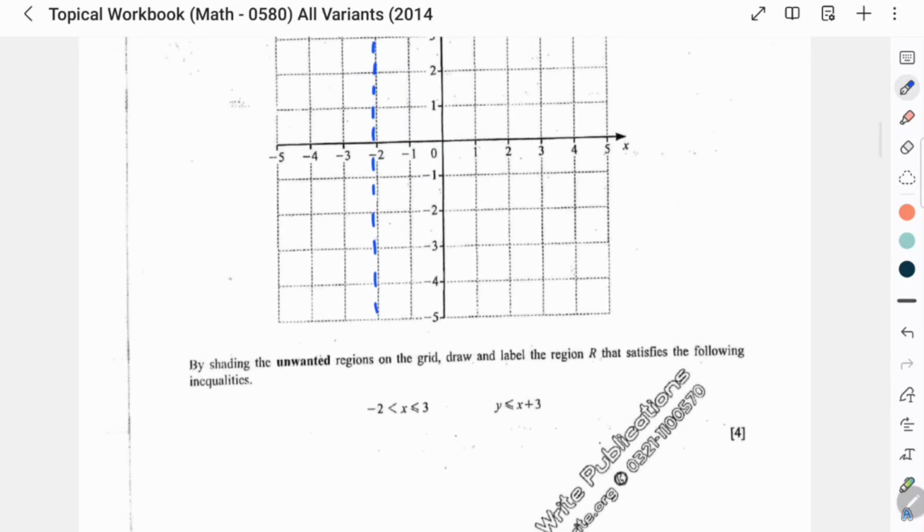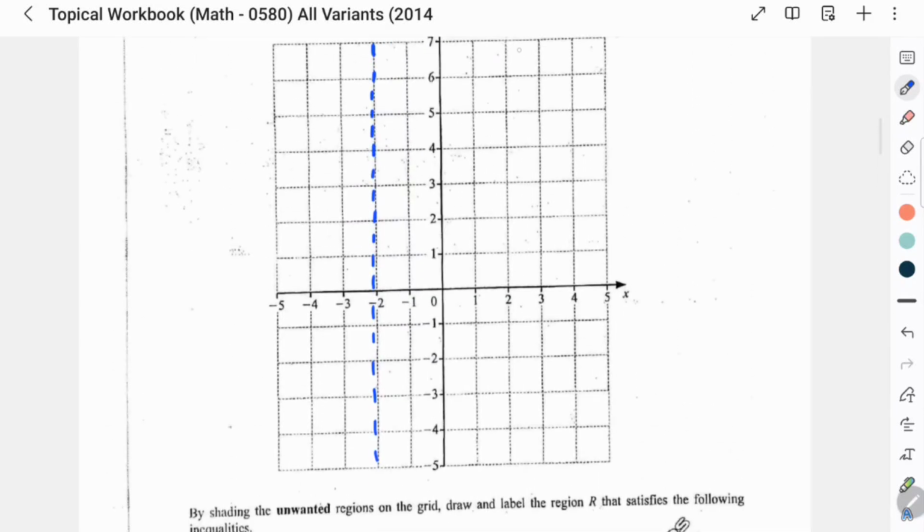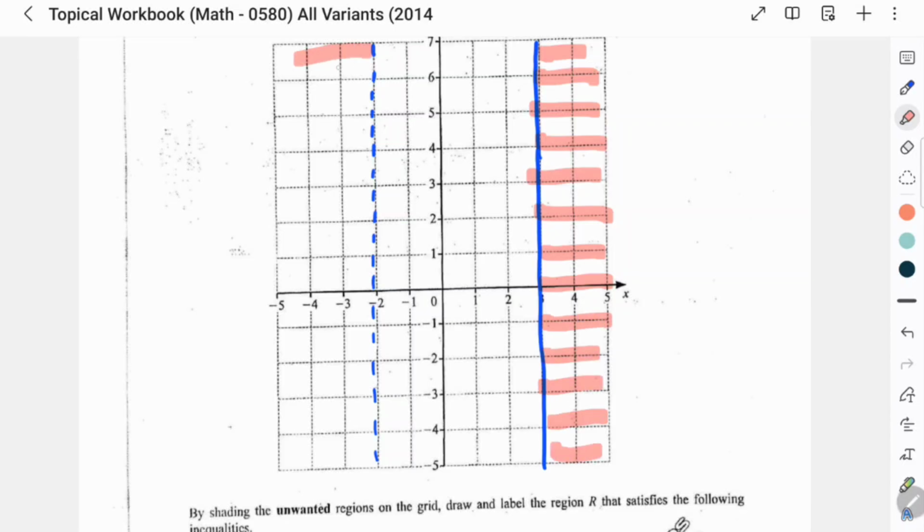And then they are giving you x is less than equals to 3. So at 3 you just make a straight line. The region is in between because they have given you the inequality. So just shade outside, and we are doing unwanted region shading.